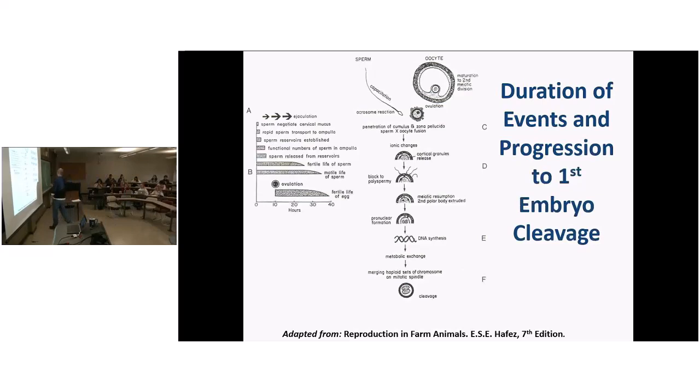After this, we go to 2 cell, 4 cell, and in these very first stages of embryo development, that's how you name the embryo. It's a zygote, then a 2 cell, then a 4 cell, then an 8 cell embryo. By the time you reach a 16 cell embryo, you start calling it a morula.